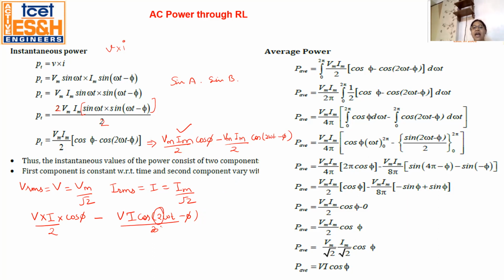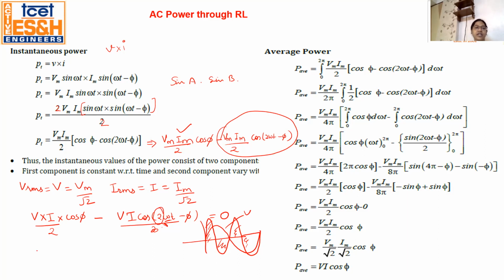That's why the average of this power is equal to 0. Suppose this is the voltage waveform, the waveform of this power is like this because of the 2 multiplied by omega t. That's why this power is not included in the calculation.